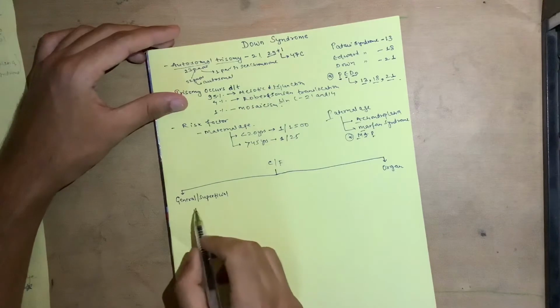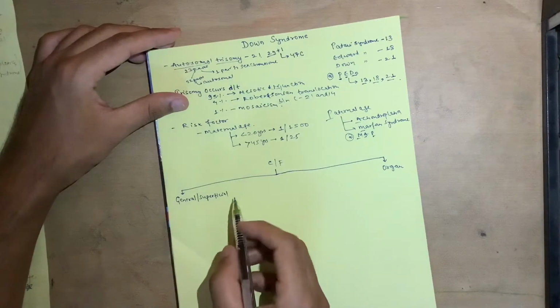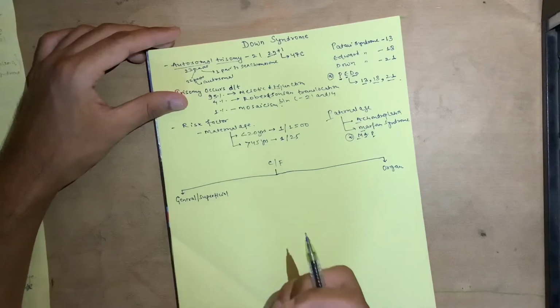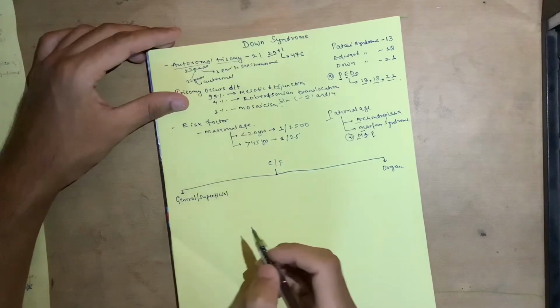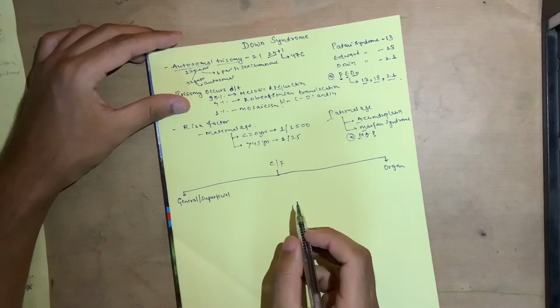So in general, on superficial examination, that is what we see normally from head to toe examination, there are certain things that are present and are classical for Down syndrome.